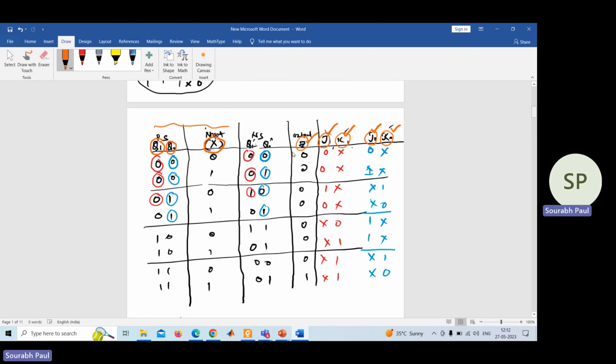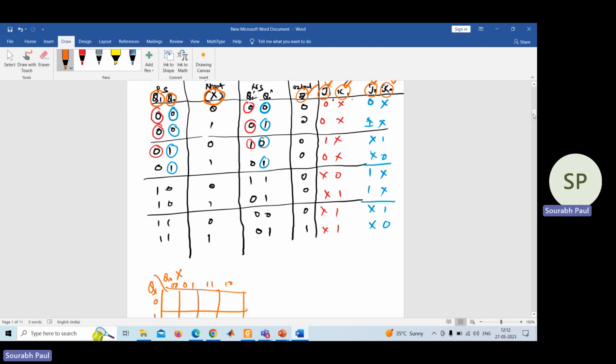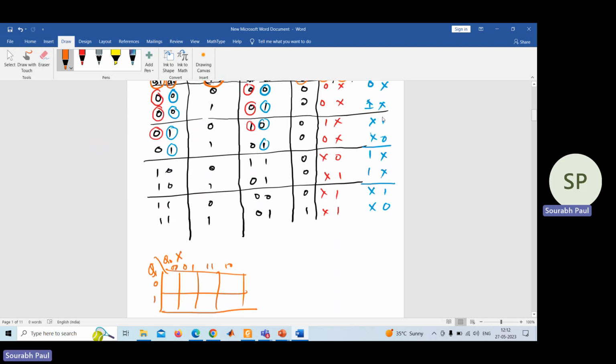I'm putting the value, for example, of J1. I want to get the value of J1. So the J1 values, I'll write it here. This J1 is 0, then 0, then 1, then 0, then X, X, X, then X.